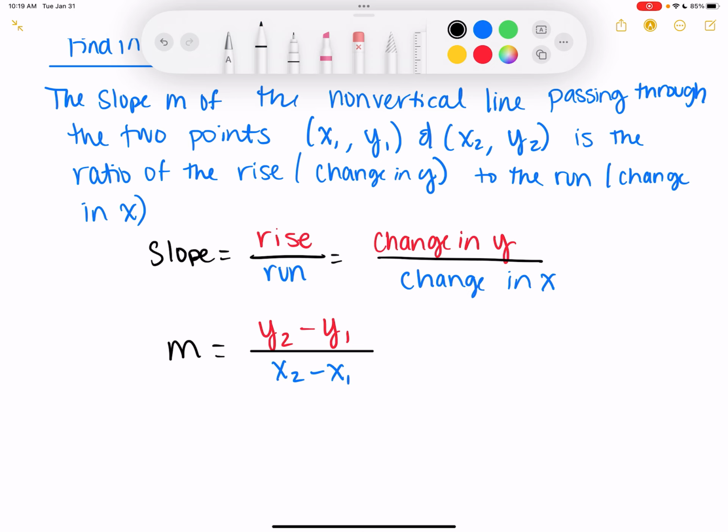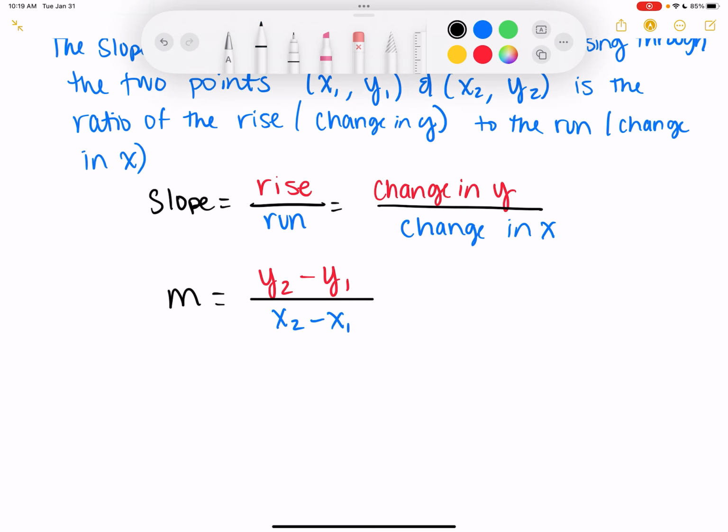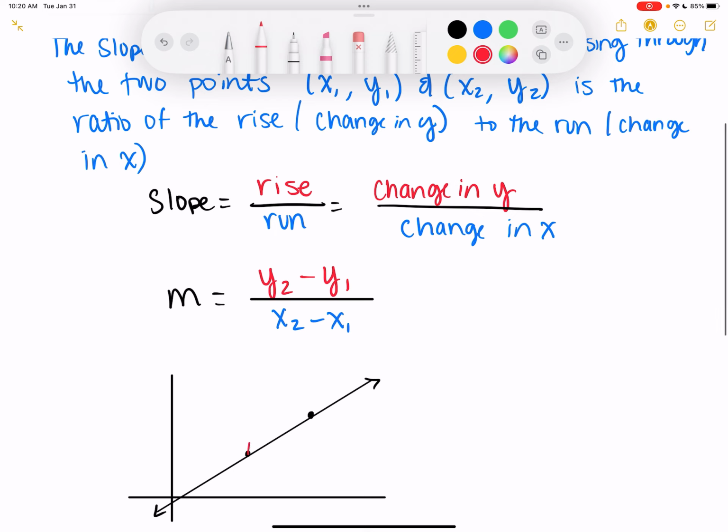So then if we were to look at a graph of this, or how to find slope by looking at a graph, basically we're going to say that we have 2 points here that are being connected. And so my rise to get to the next point is y2 minus y1.